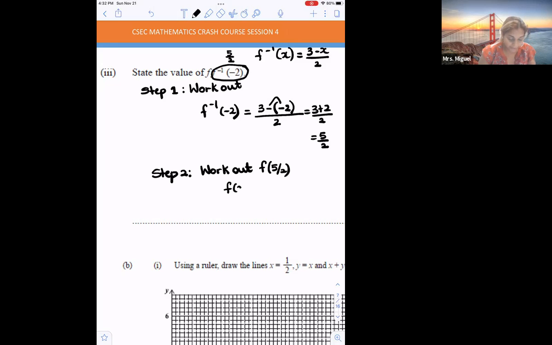And the f of x function is 3 minus 2x. So work that out. Wherever you see x, replace it with 5 over 2 and see what you get.